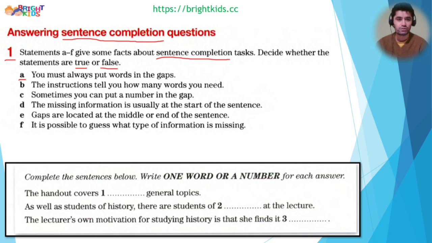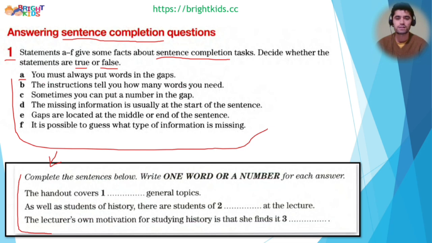Right, the first statement, this is A. You must always put words in the gaps. By the way, let's take a look at these sentence completion questions, and we're going to compare these statements with these sentence completion questions along the way. Alright, so the first statement A says you must always put words in the gaps.